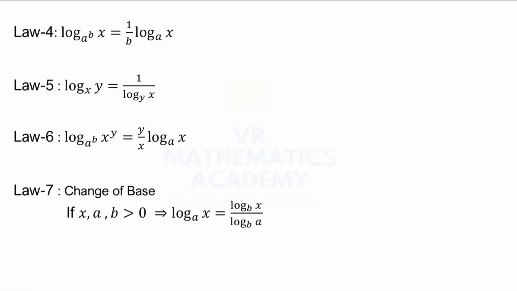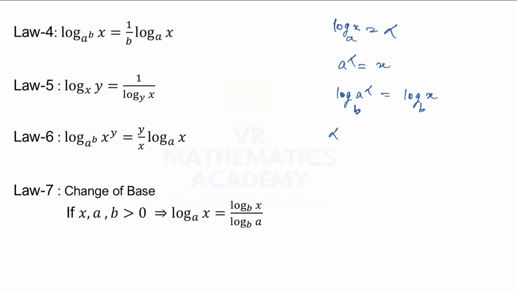So by this rule, we can easily understand the proof of this law. Let log x base a is equal to alpha, then a raised to the power alpha is equal to x. Now we will take logarithm on both sides with base b, that is log base b of a power alpha is equal to log base b of x.